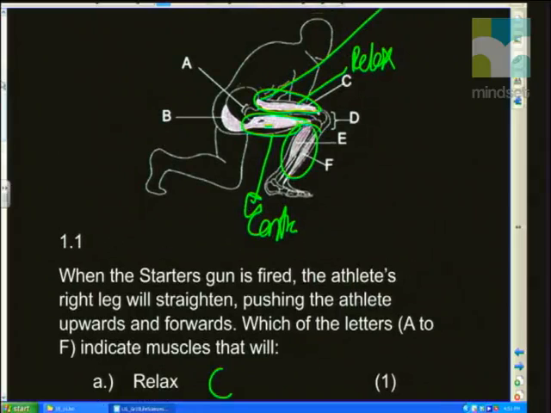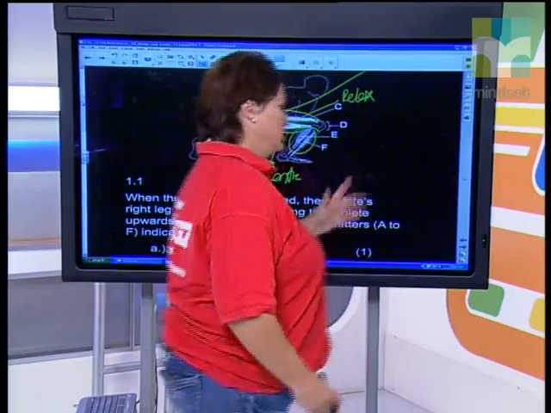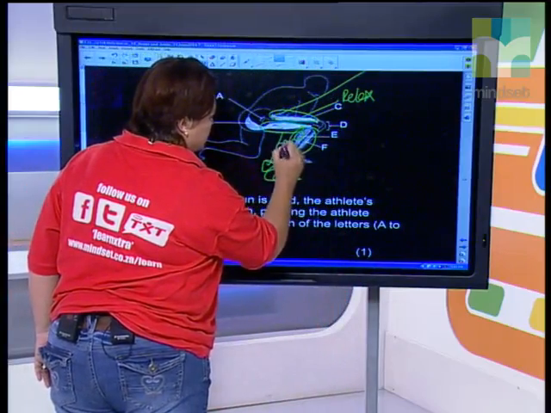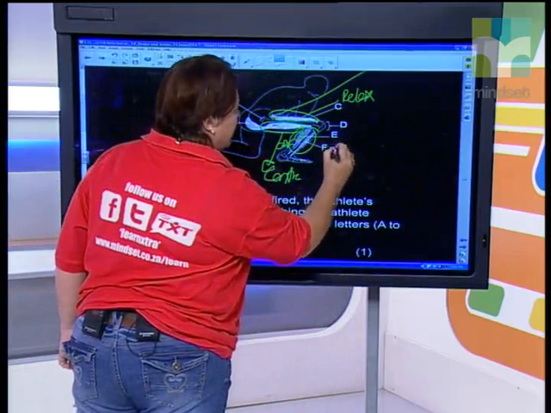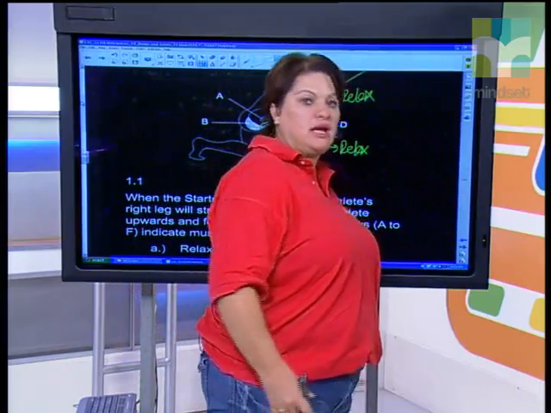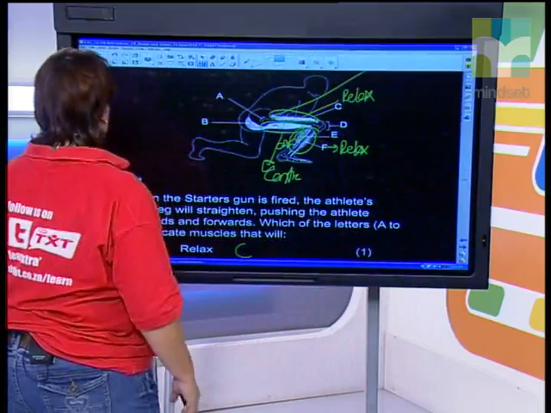Think about your calf muscle, as if you're standing on your toes getting ready. What's going to contract? E is going to contract, it's your calf getting ready, and F is going to relax. Remember, they are antagonistic muscles. They cannot do the same thing at the same time. So if the one is contracted, the other one must relax, and vice versa.